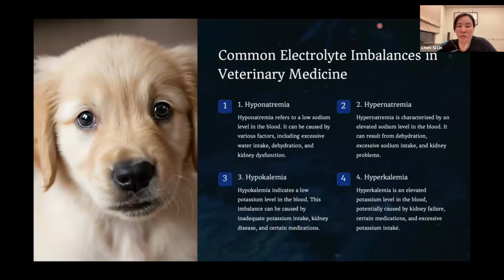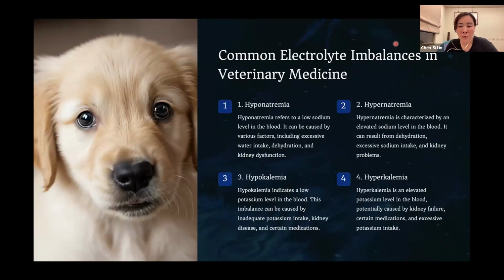So the first common electrolyte imbalance we want to introduce is the imbalance of sodium and potassium. Frequently in the clinical setting we find hyponatremia or hypernatremia.